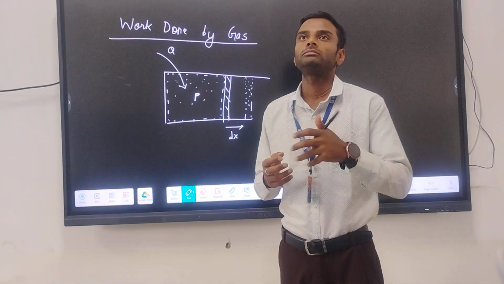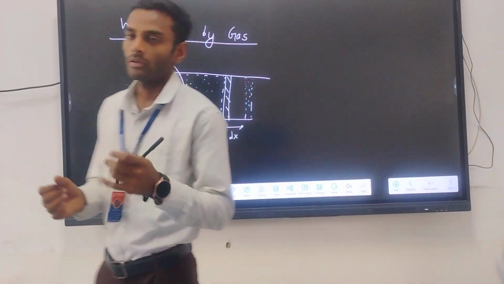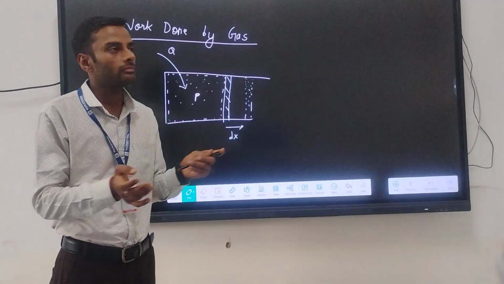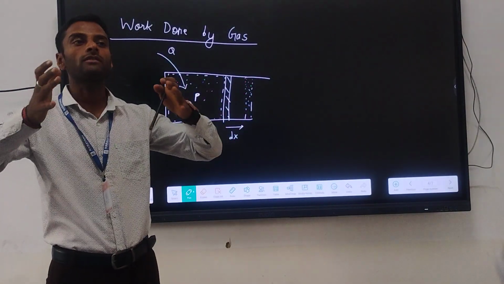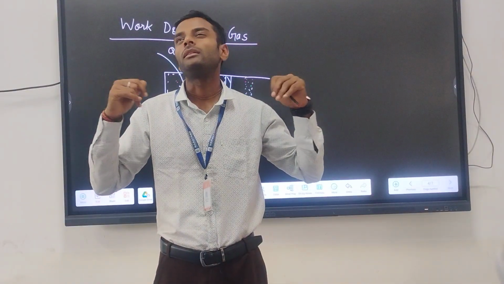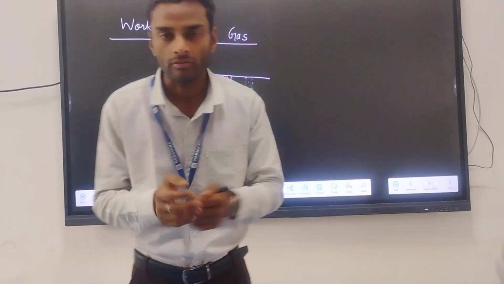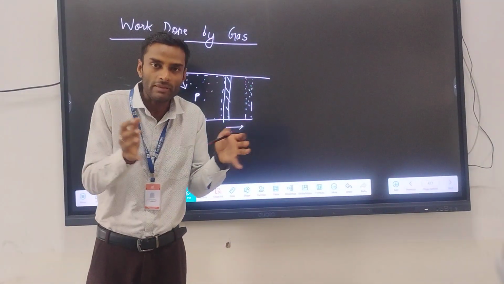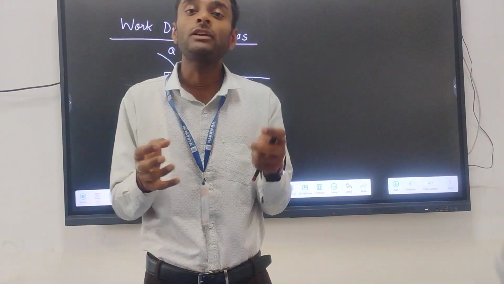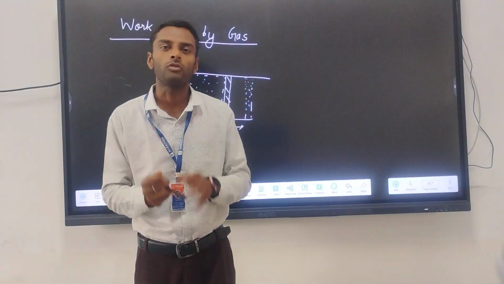Suppose you have a balloon. If it is larger in size, it has some pressure P. If you compress that balloon, the pressure will increase since it holds the same number of molecules in a smaller volume.